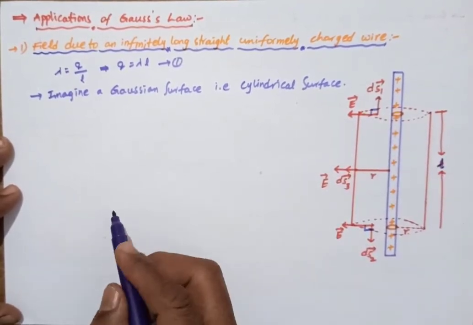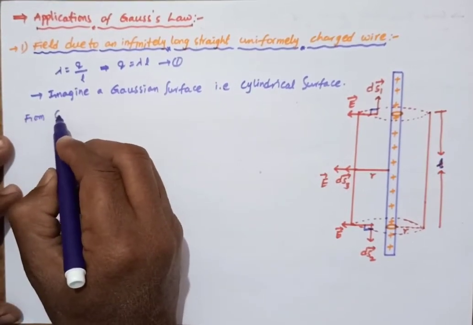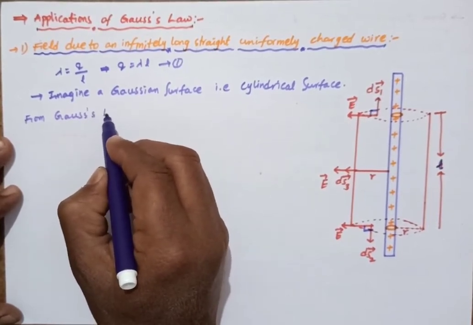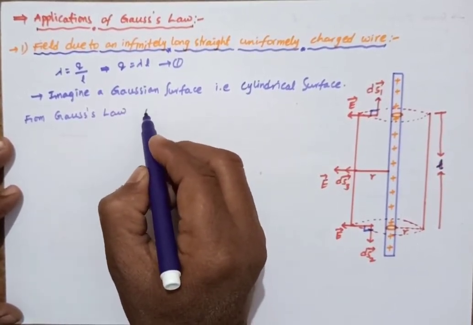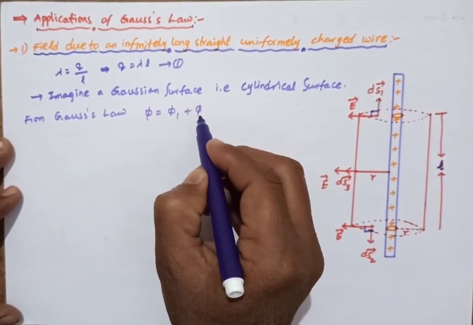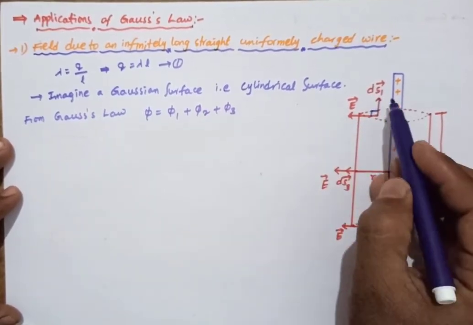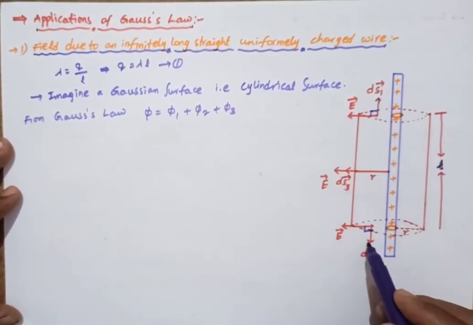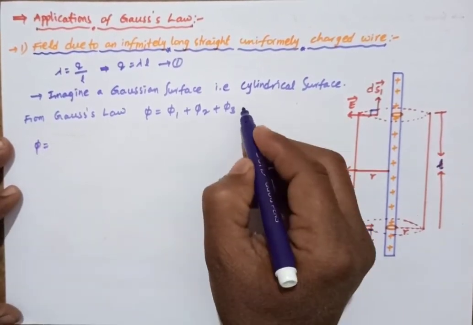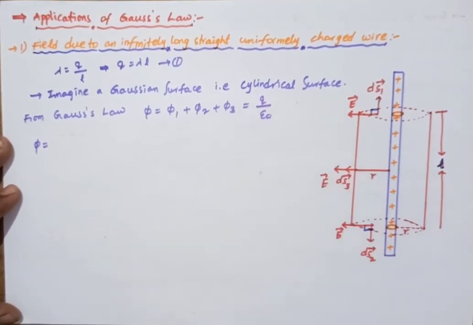So from Gauss law, phi equals phi 1 plus phi 2 plus phi 3, the different positions: first, second and third. Then phi equals Q by epsilon naught.